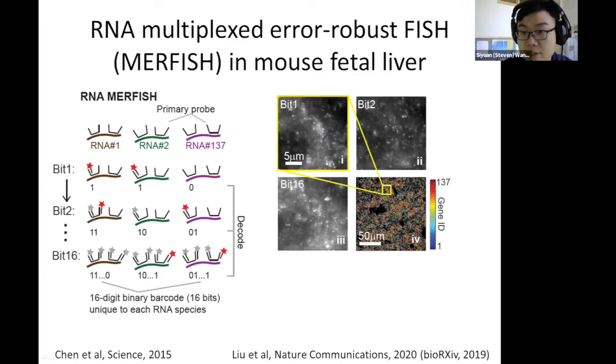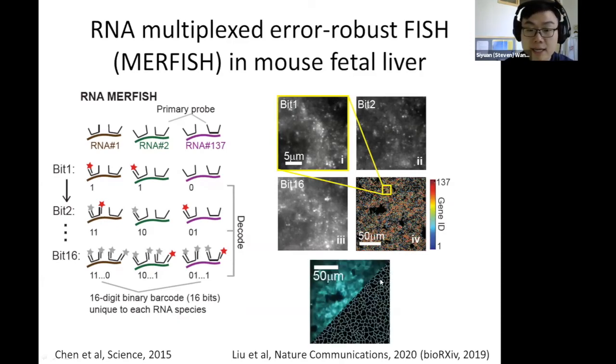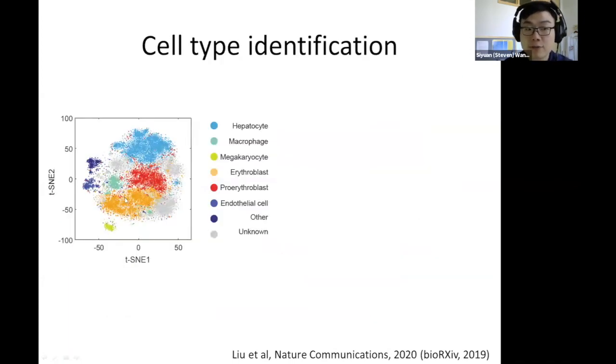Each dot here is actually a single molecule, and they are color-coded to show their gene identity, and there are 137 different genes or different RNA species that are shown on this field of view. And we can label the cell boundary also and segregate the cells. So with these single cell RNA profiles, we can easily distinguish the different fetal liver cell types.